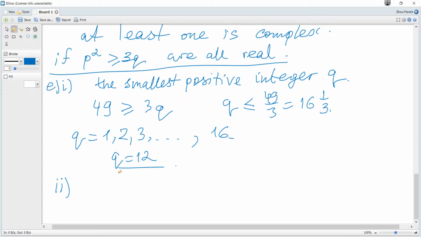Hence there may be 0 complex roots or 2 complex roots, and hence there may be 3 real roots or 1 real root. So anyway, there is always at least 1 real root.